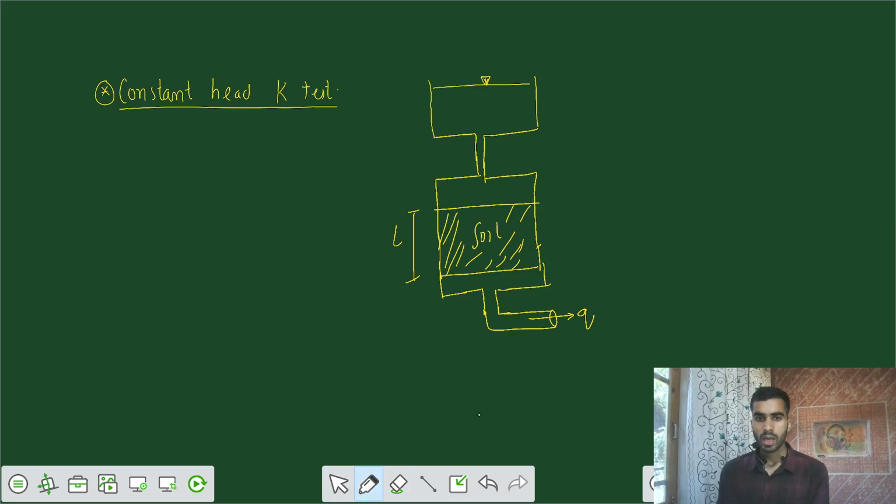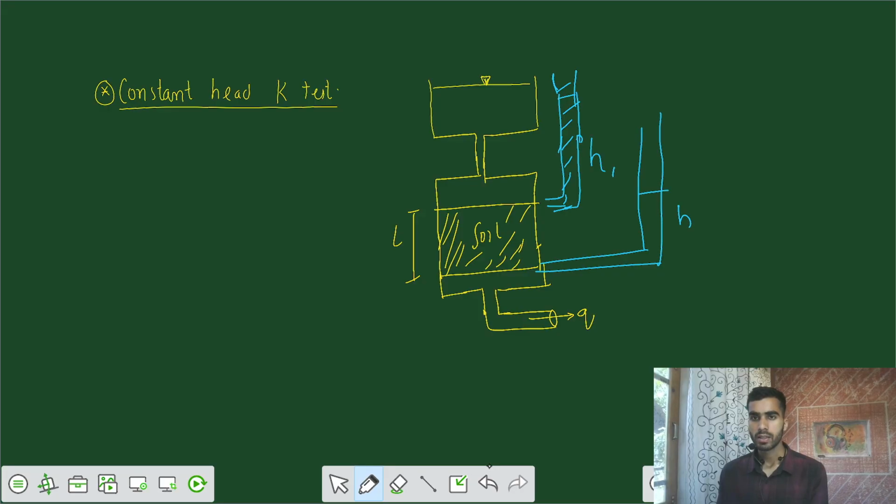Now if I have the manometer readings, I would write that we have some head. Let's say there's a head H1, and from the bottom of the soil there's one more head, H2, such that there is a head difference.